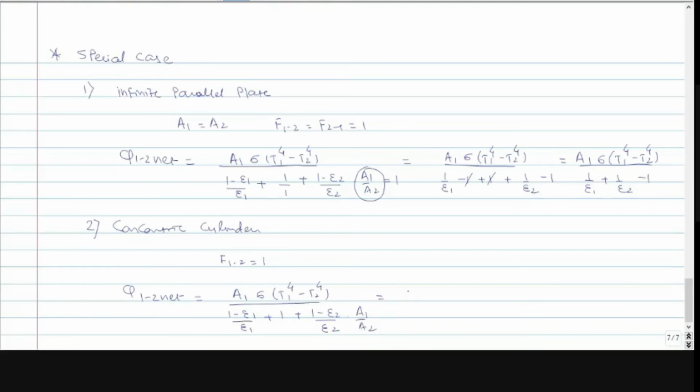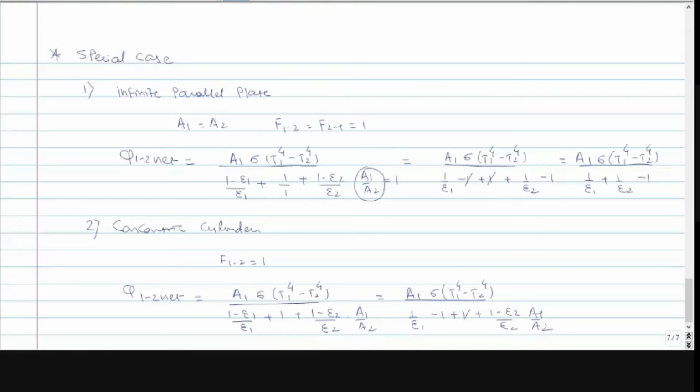Now I write these expressions again: A1 sigma (T1 to the power 4 minus T2 to the power 4) divided by 1 upon E1 minus 1 plus 1 plus (1 minus E2) upon E2 into A1 by A2.